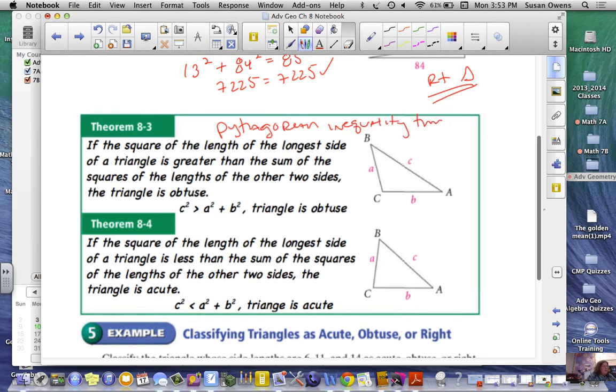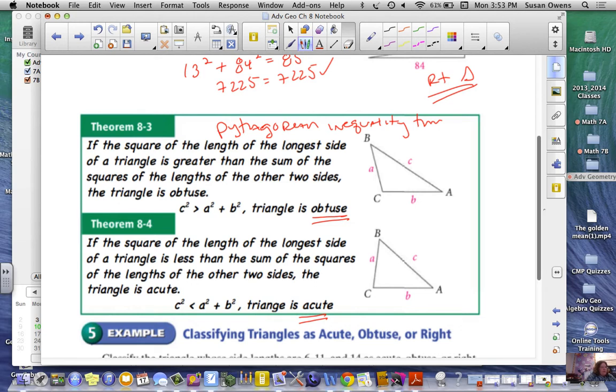So what happens if a squared plus b squared is not equal to c squared? Well, if c squared is greater than a squared plus b squared, then the triangle must be obtuse. And if c squared is less than a squared plus b squared, then the triangle has to be acute.